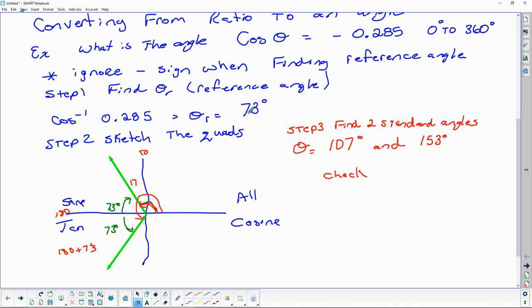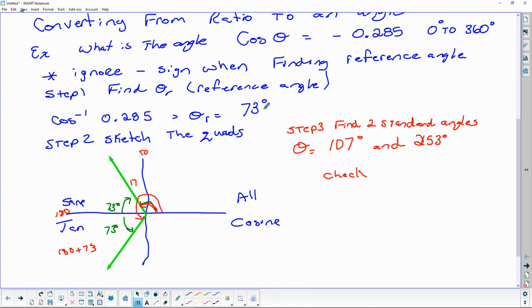And if I go cos 253, I get negative 0.292, which is close. Because I rounded off a little bit, if we would have used our actual 73.4, we probably would have been right on. So we're good. So there's the 3 steps of finding an example of finding that angle given an approximate value.